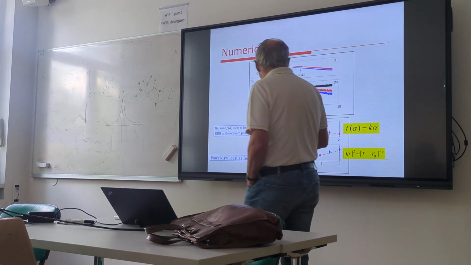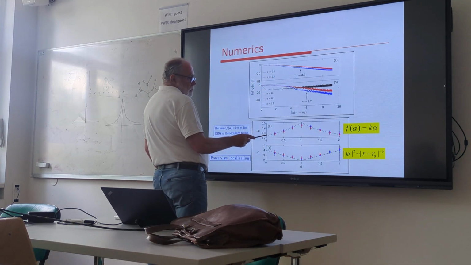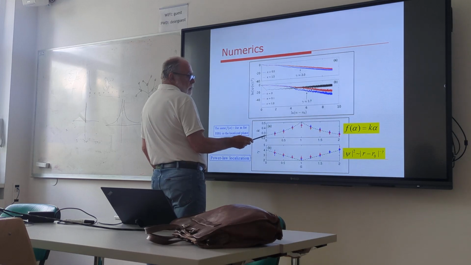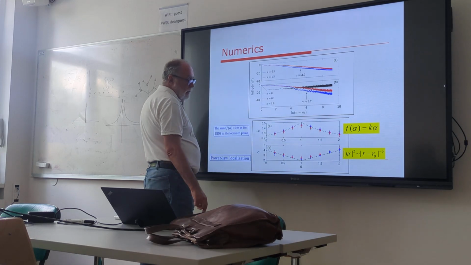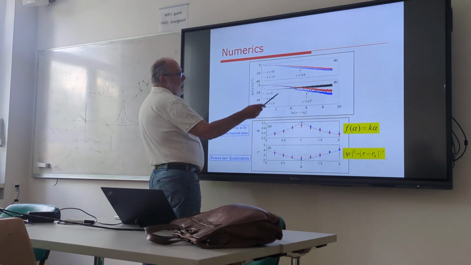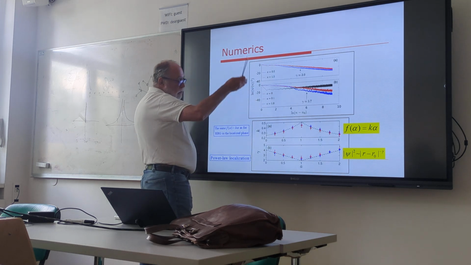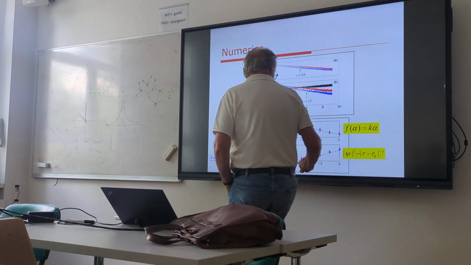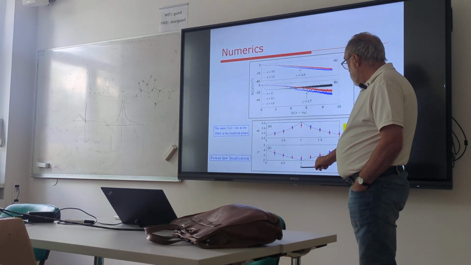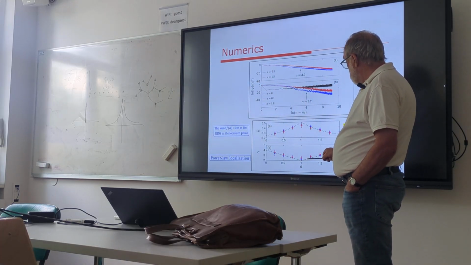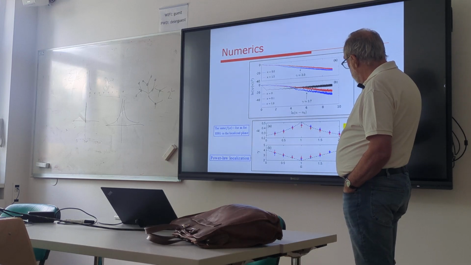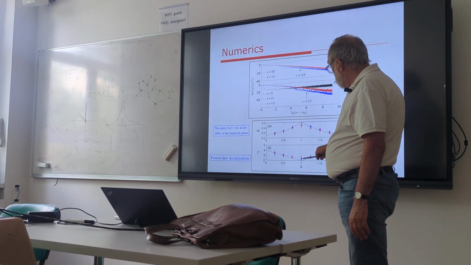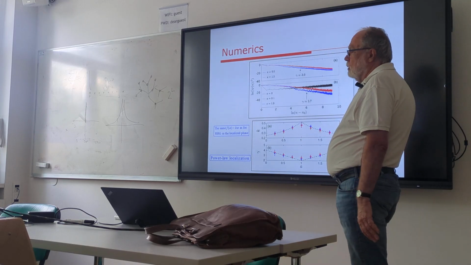But it also goes down for A smaller than 1. So there is this duality. Now the power of power law localization, the same thing. When you increase A, then localization gets stronger and the power increases. So it falls down more quickly. As you go to the other side, it also increases.